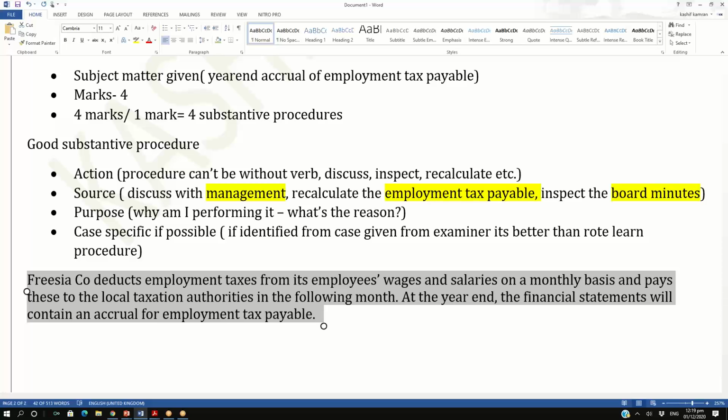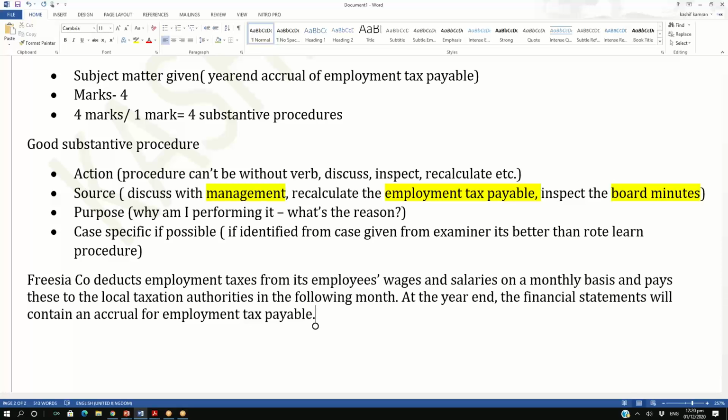At the year end, the financial statements will contain an accrual for employment tax payable, right? So I need to ensure the accuracy of that accrual for December, and the management will pay that in January the next year.